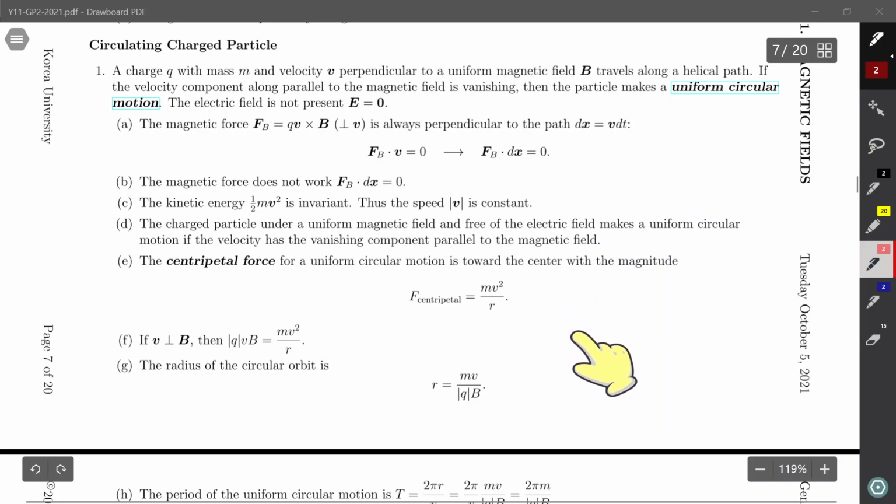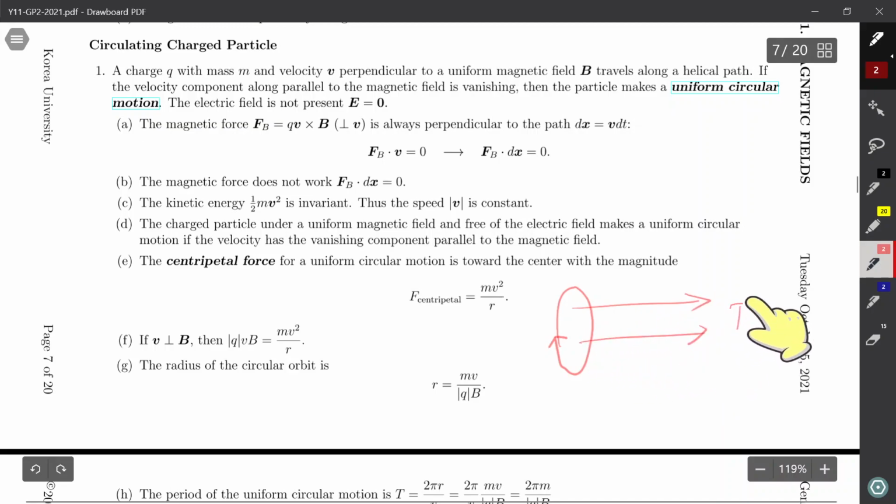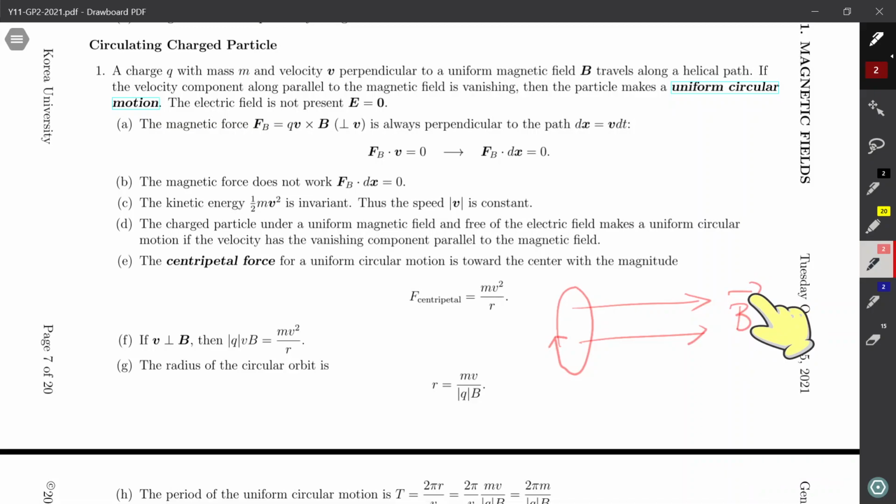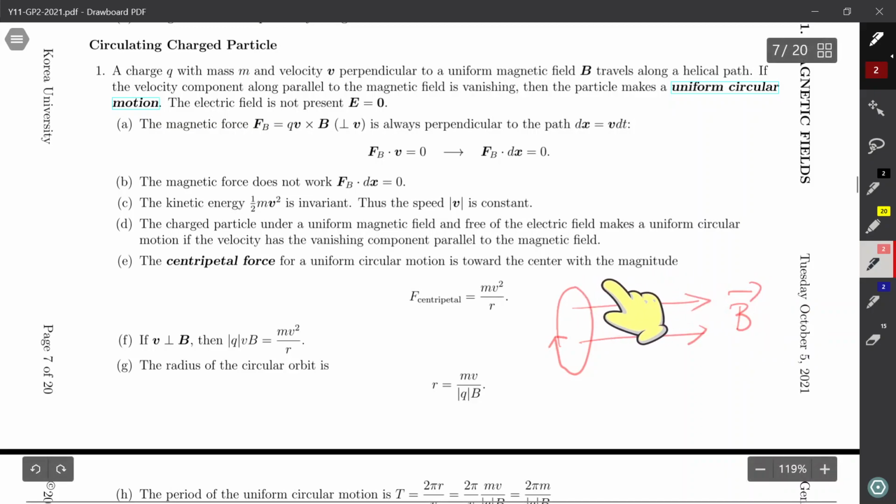Under the magnetic field, perpendicular to this velocity, the charged particle feels a magnetic force toward the center and makes a uniform circular motion.